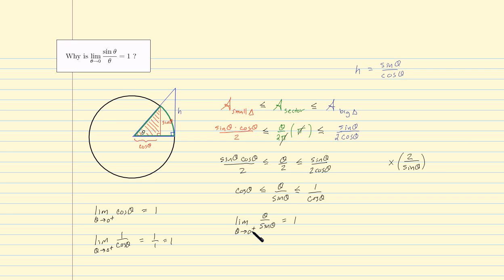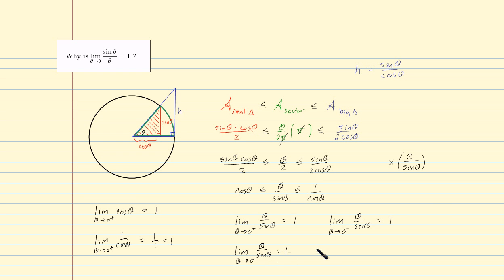Okay, so its behavior coming in from the right, that's this, and the behavior coming in from the left, in other words, what happens when theta approaches 0 from the left of theta over sine theta, should also then be 1. Okay, taken together, the limit as theta approaches 0 from either direction of theta over sine of theta is 1.